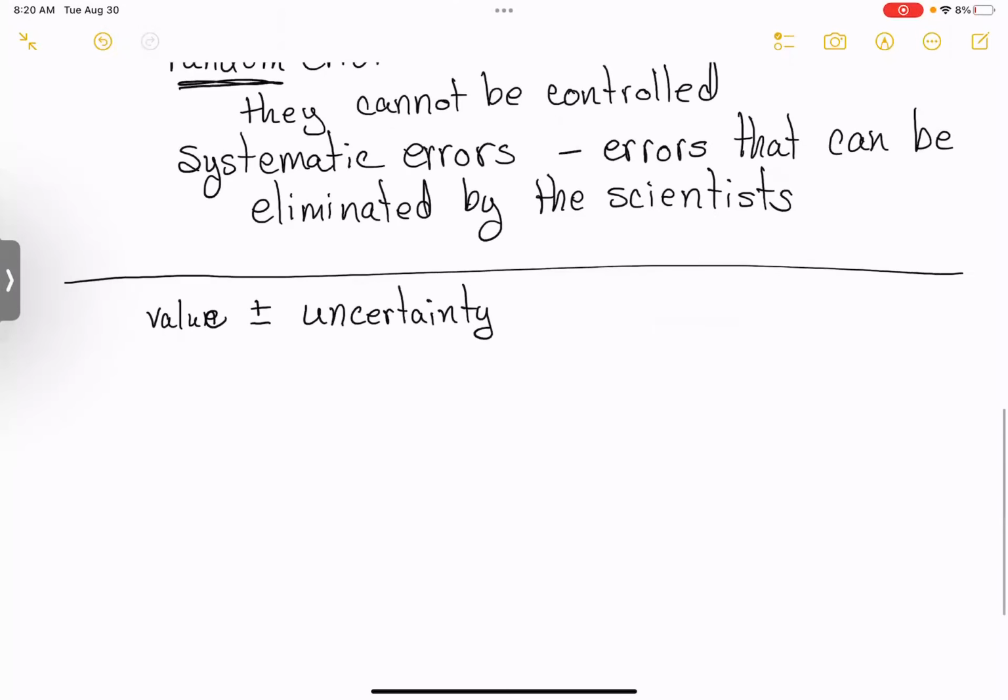Now, with respect to this uncertainty, you look at your instrument either way. Sometimes the uncertainty is on the instrument.